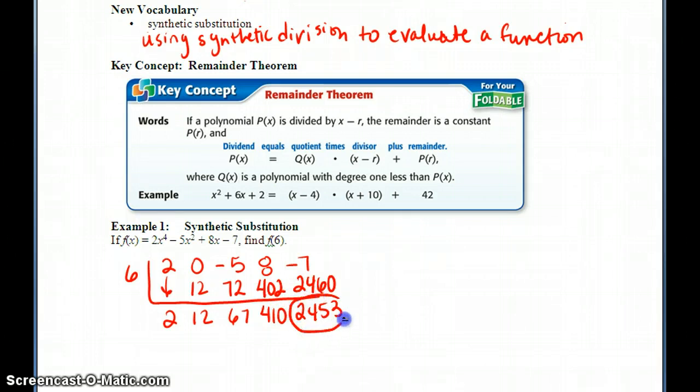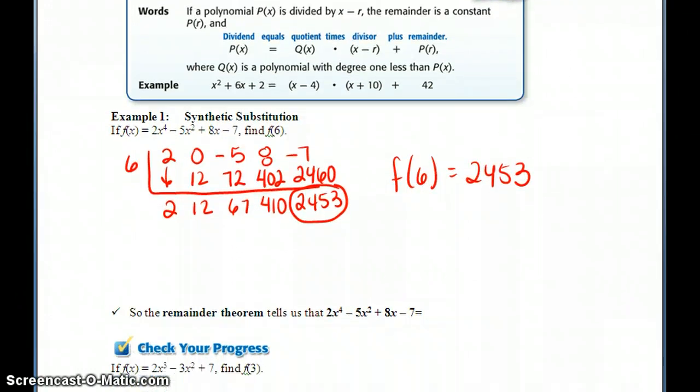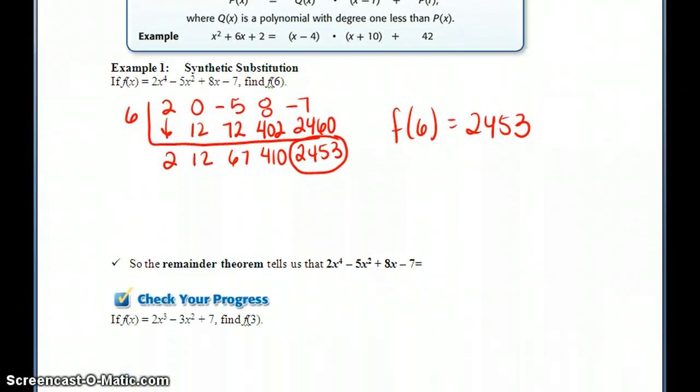So this number, your remainder, is what f of 6 equals. If I did regular substitution, I'd get 2453 if I did it correctly. Okay. So basically the remainder theorem tells us that this equals 2453 when I plug a 6 in it.